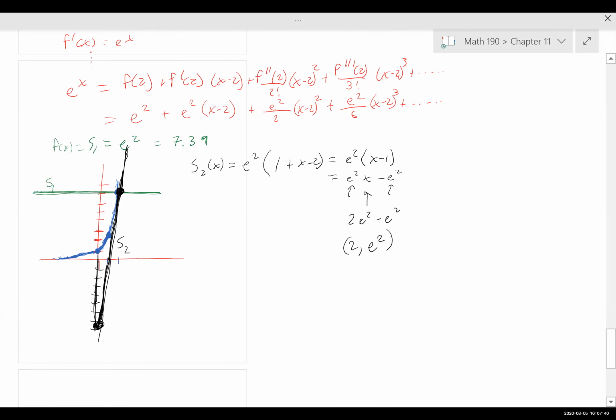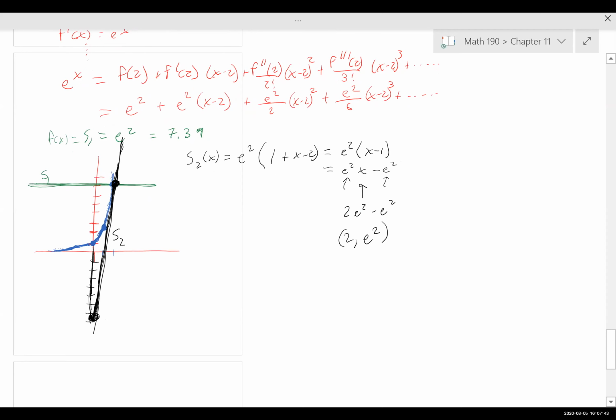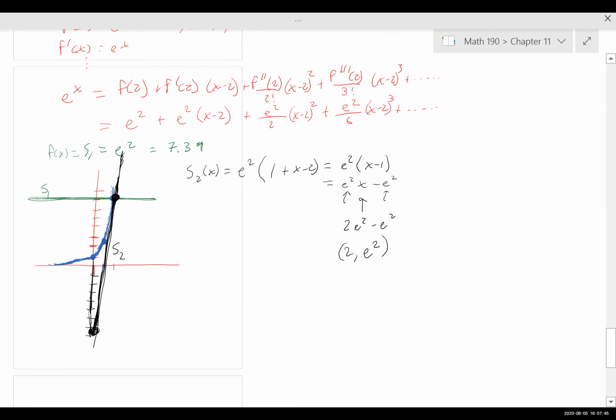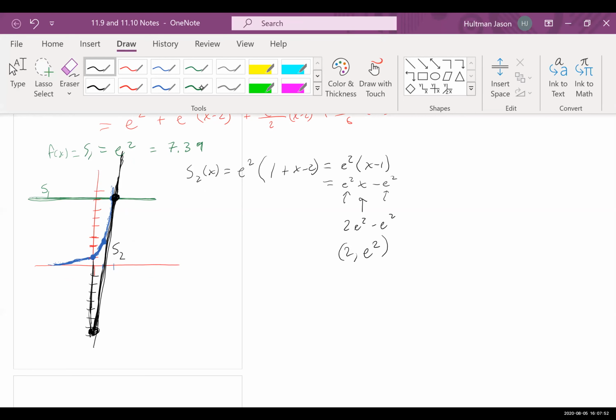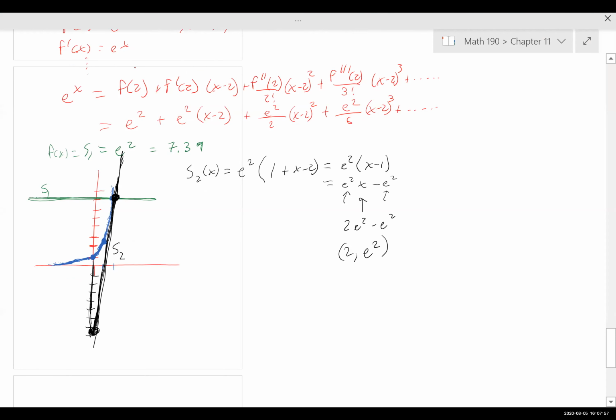If I go to S3 of x, isn't the shape of the curve going to include an x squared term? Exactly, thank you, Susan. It would be a parabola, it would be quadratic, right?